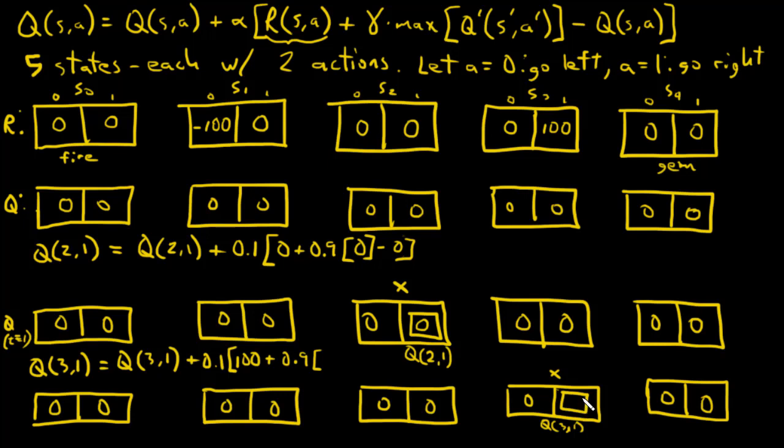Now if I'm heading over to this state, what is the maximum Q value in these two boxes? Well, it's 0 still, so that's a 0. And then minus the value that was already stored here, which is 0. So this is going to get 100 plus 0 minus 0, which is 100. 100 times 0.1 is 10. And that 10 got added to the previous value, which is 0, so that's why it was a 10.